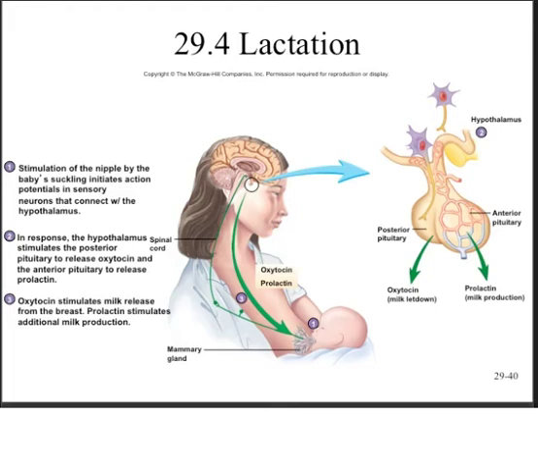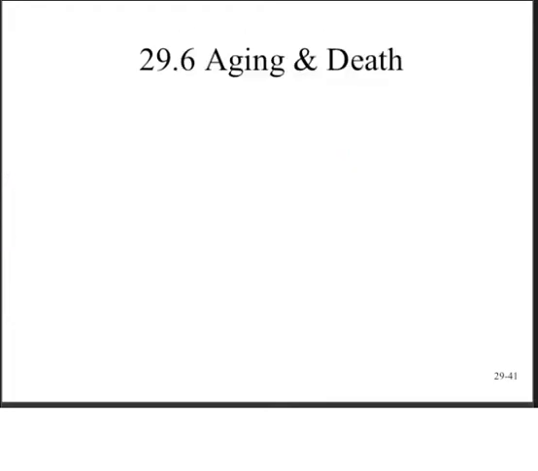Prolactin stimulates milk production, while oxytocin stimulates milk ejection. And the result then is that as the baby nurses or as the baby cries, what we see is the availability of nourishment.